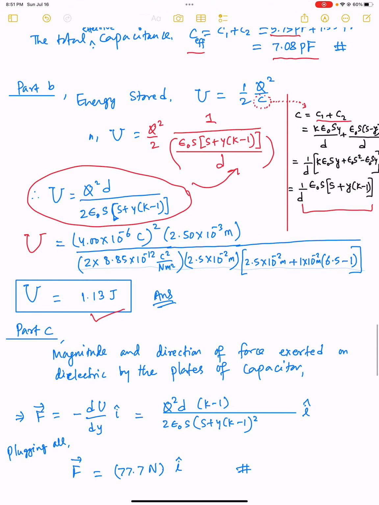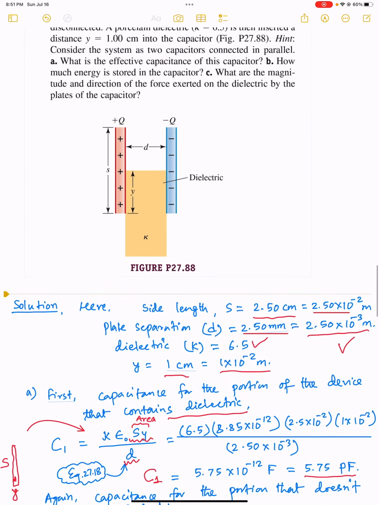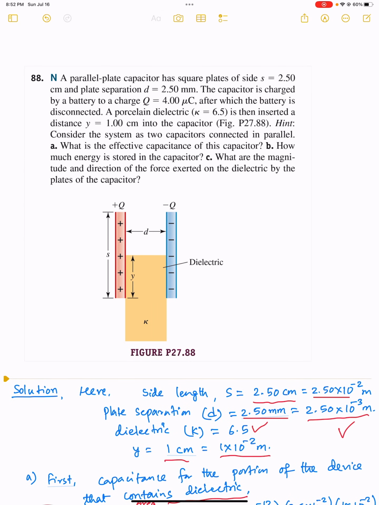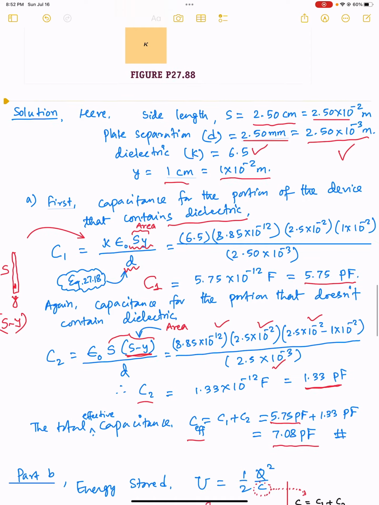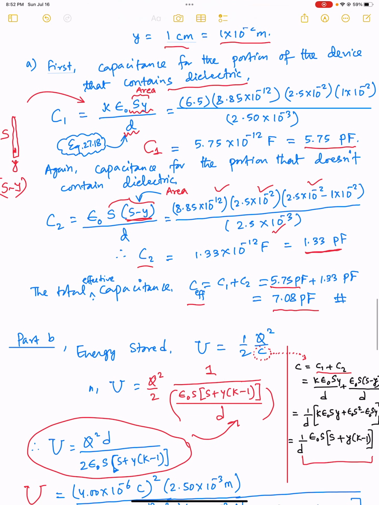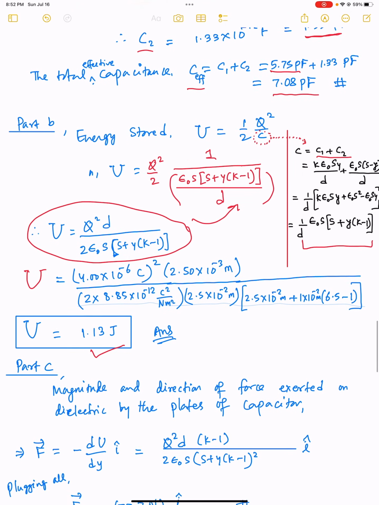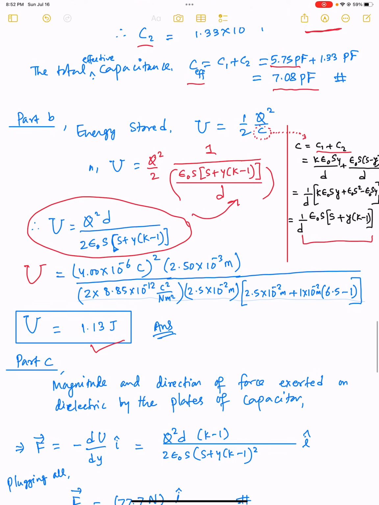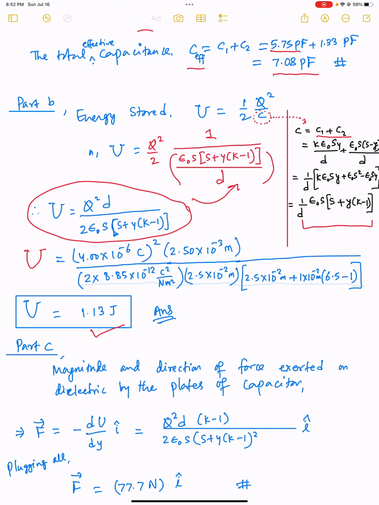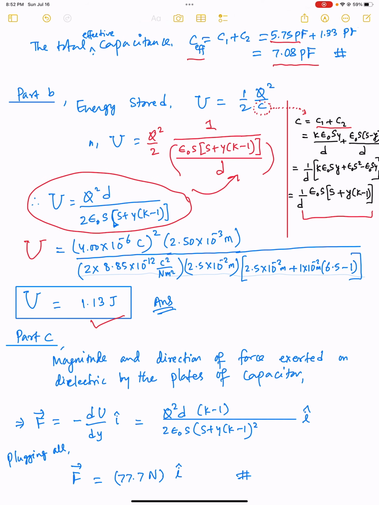For part C, you have to find out the magnitude and direction of the force exerted on the dielectric by the plates of the capacitor. The force is the negative derivative of this energy stored, which is like a negative potential gradient.